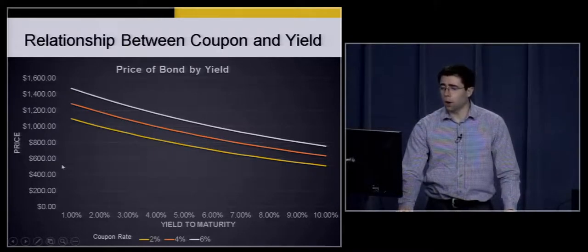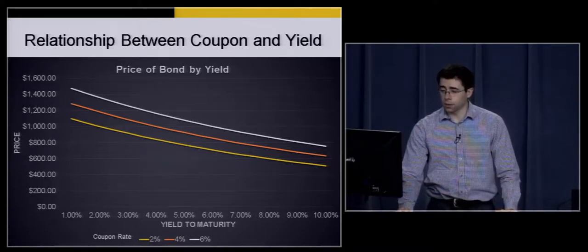That's less than our par value, which tells us this is a discount bond. Notice that as our yield to maturity or interest rate decreases, the price of the bond increases. So this is just one of the most well-known universal truths about bond pricing.